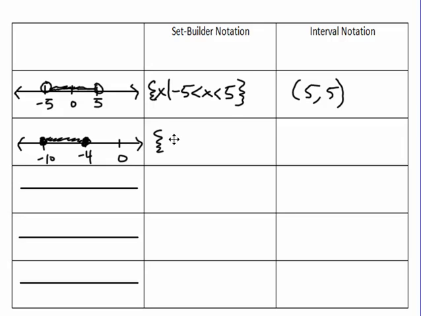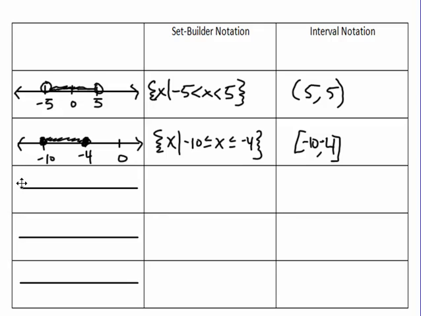For set builder, it'd be the set of all x values such that -10 is less than or equal to x, which is less than or equal to -4. In interval notation, I put my square brackets. I say it's -10, and it goes all the way until I get to -4. And I use my brackets.